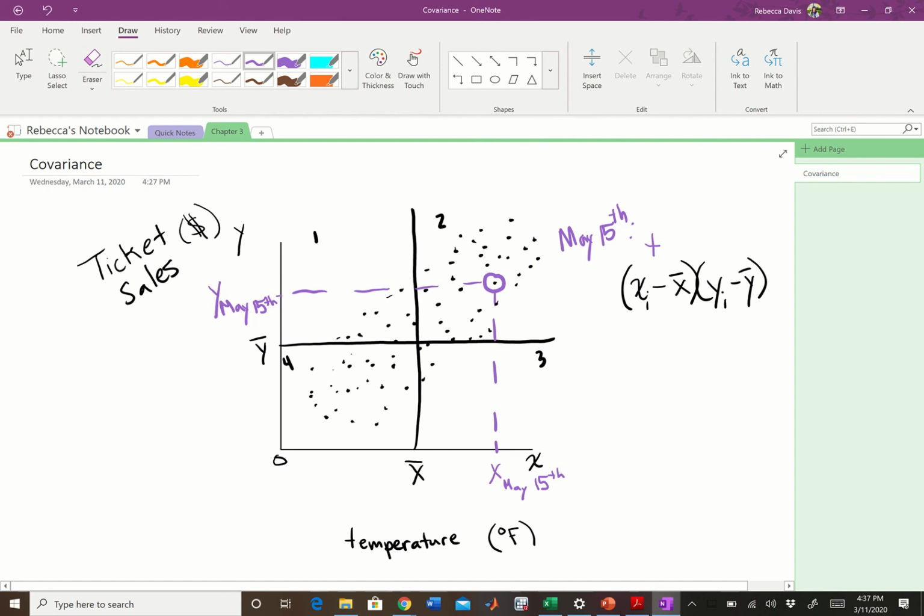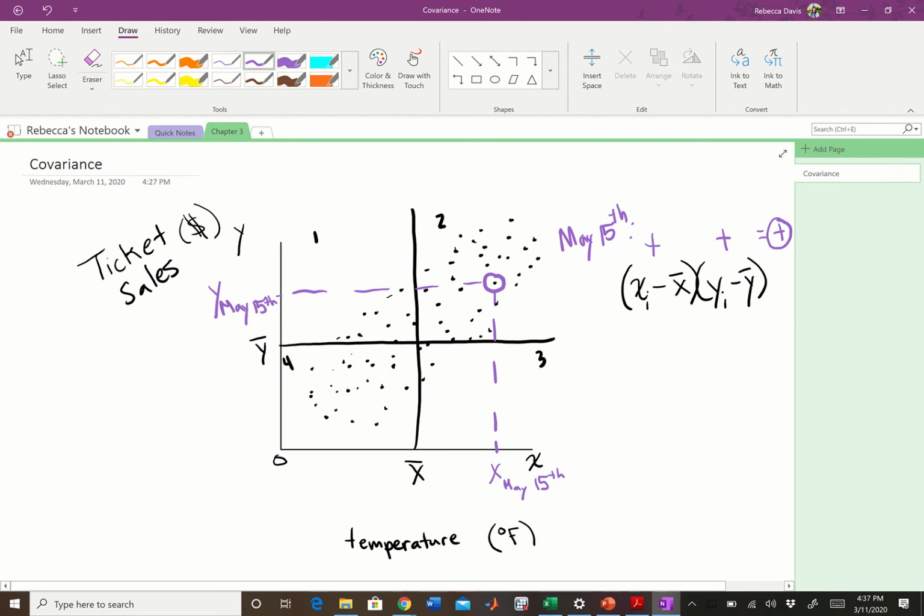They're above y bar, which means yi minus y bar is also going to be positive, which means that is going to give you a positive value for the covariance for that particular data point.